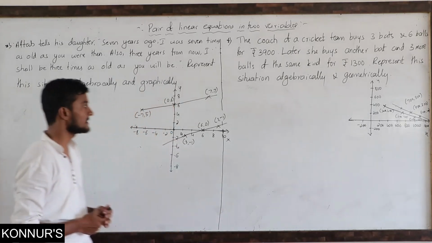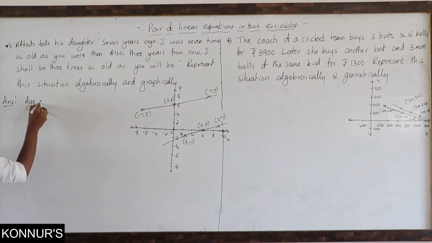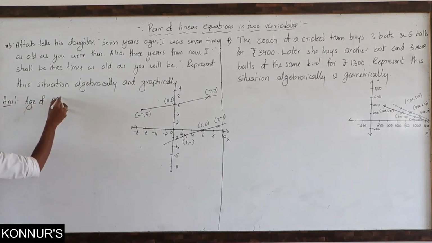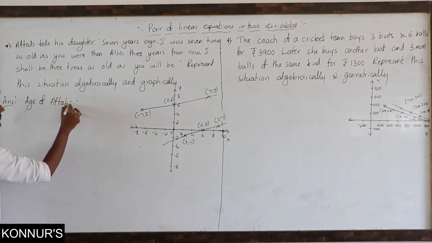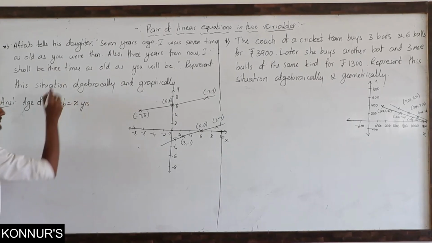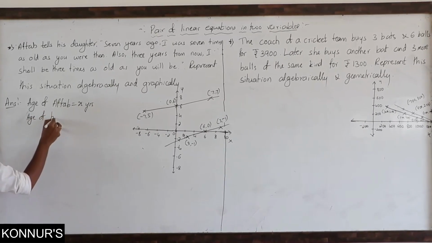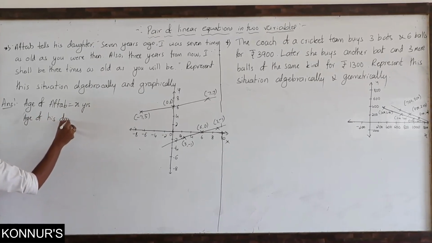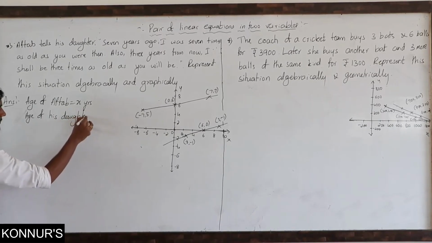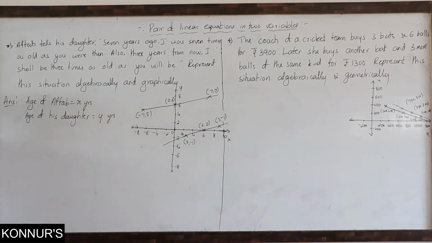So let us again consider: age of Aftab is equal to x years. Age of his daughter is equal to y years.